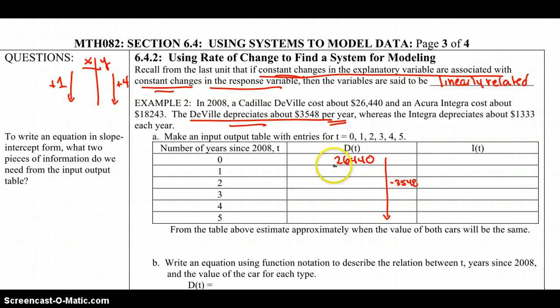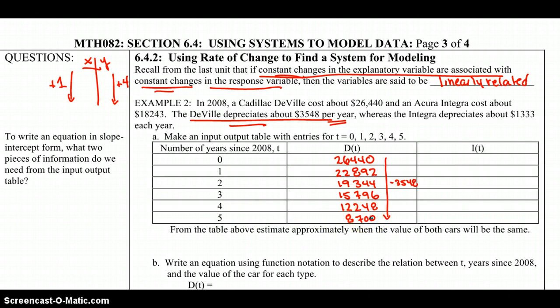The next year, if we subtract, we get 22,892. If we subtract 3,548, we get 19,344. And we're just going to keep subtracting. So then we'll get 15,796, 12,248, and finally 5 years later it's worth $8,700.